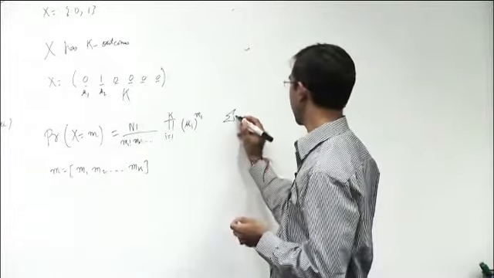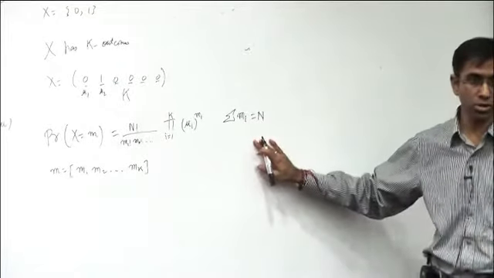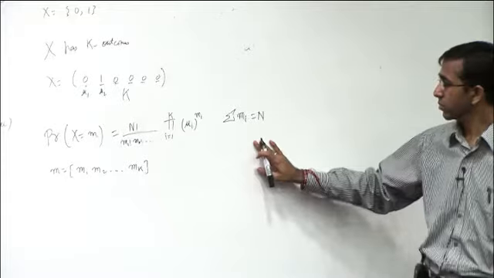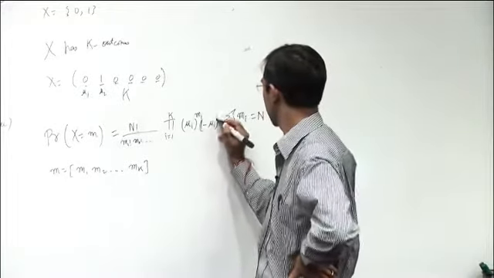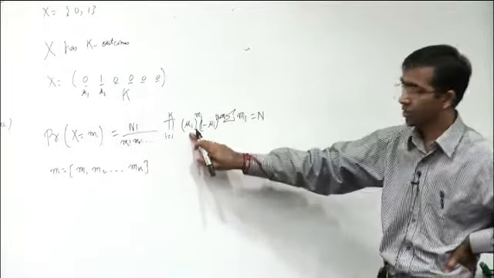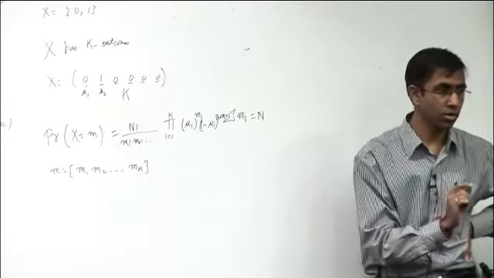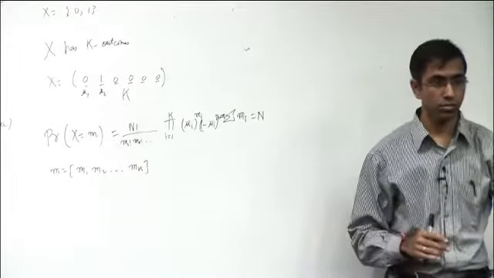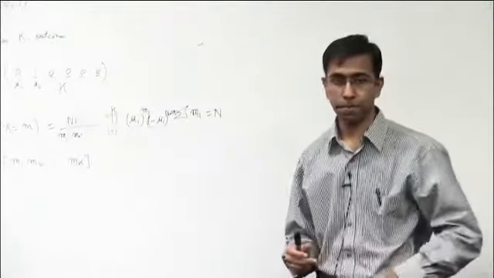We know that summation mi is equal to n. That is, in total you observed n outcomes. And then mu i represents your outcome being 1 for the ith outcome, that is, your ith outcome being present.